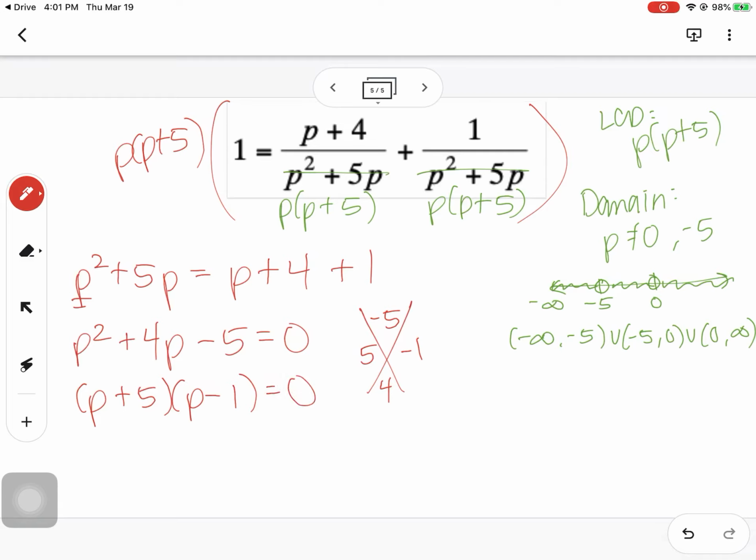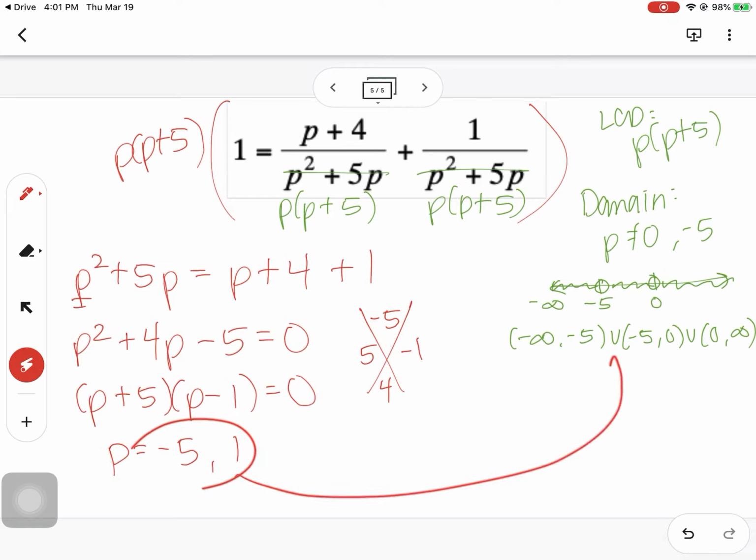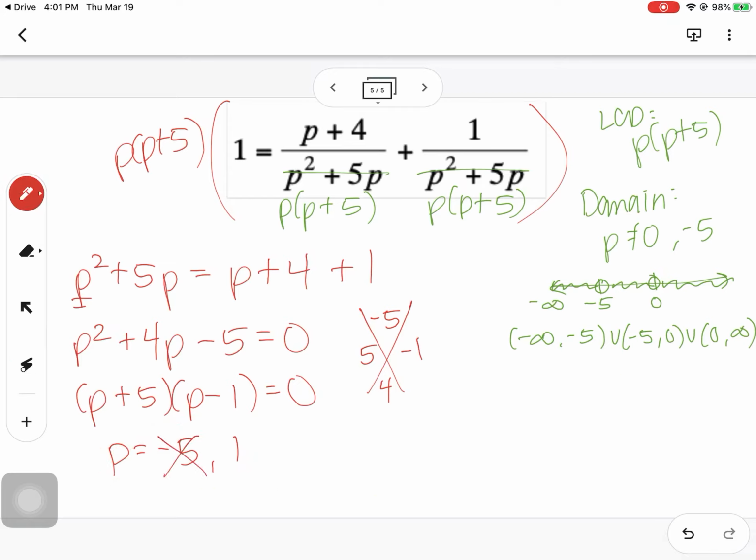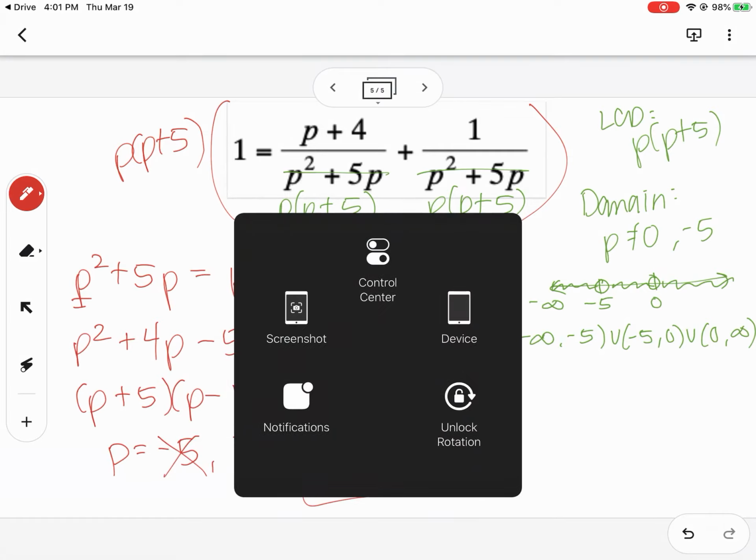When you factor all the way through, this is what you should get. Actually taking it a step further and solving, I get -5 and 1. Again, I need to compare my answers to the domain, and it specifically tells me -5 can't work, so I can cross that out. But 1 is in my domain. It's between 0 and infinity. So my only answer for this problem is p equals 1.